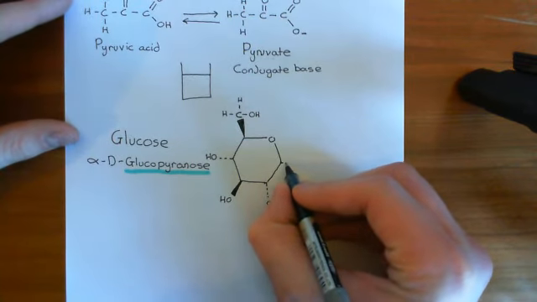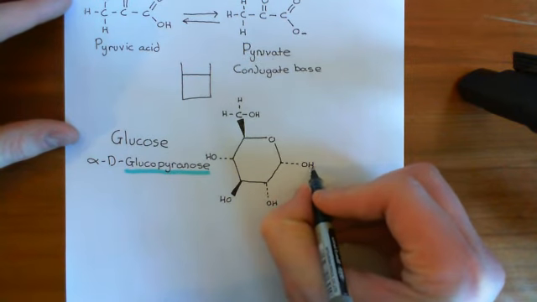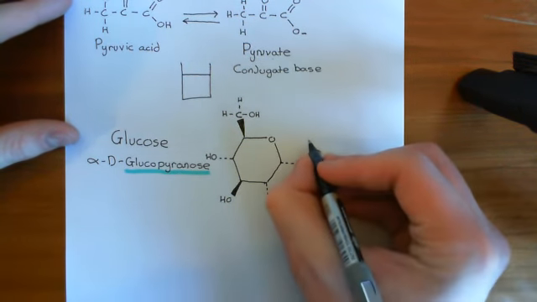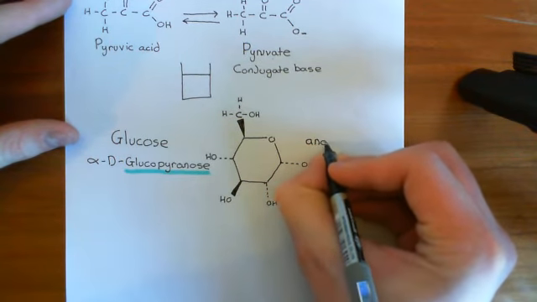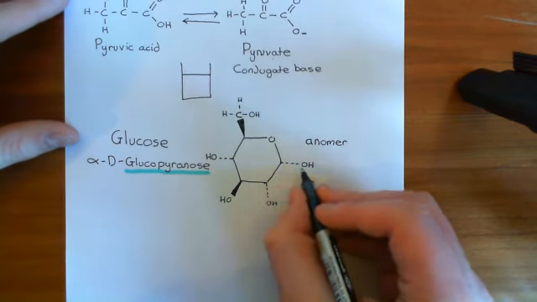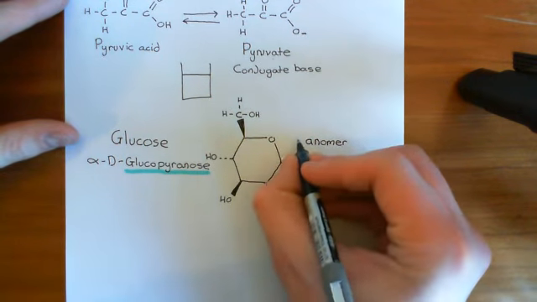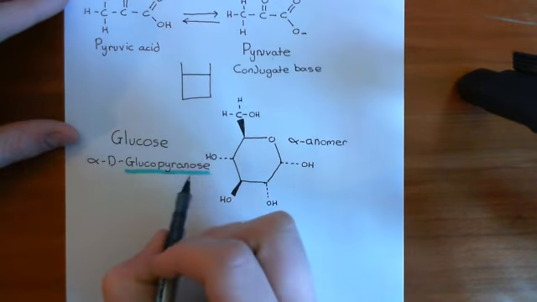If you are talking about the alpha isomer, it goes into the page away from us, okay? And these two types of isomer are known as the anomers, and I'll explain this in a bit more detail. So if the alcohol group off this first carbon goes into the page away from us, then we are talking about the alpha anomer of D-glucopyranose.